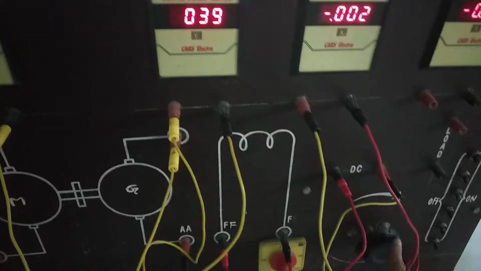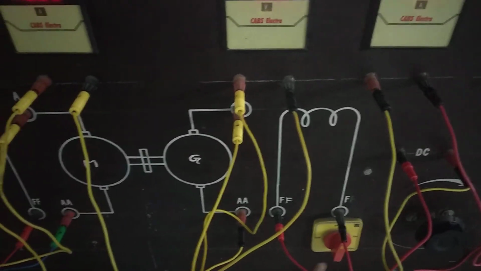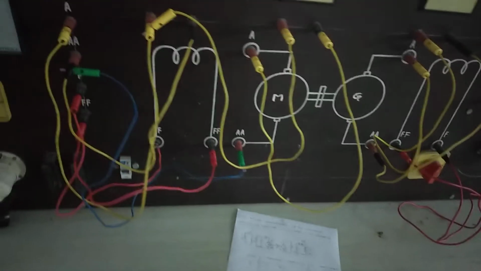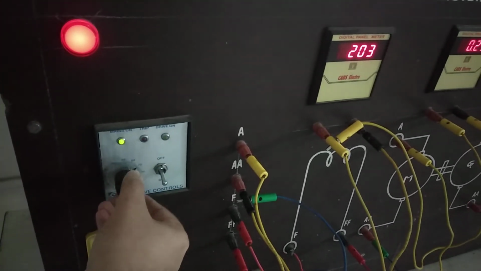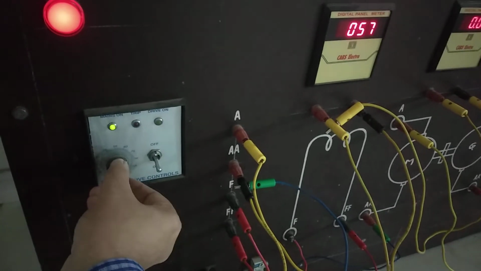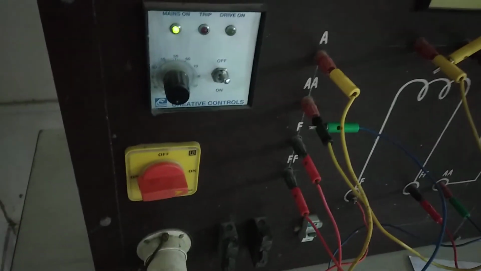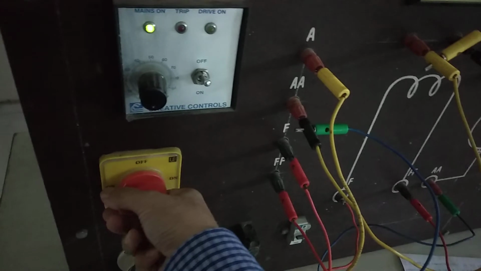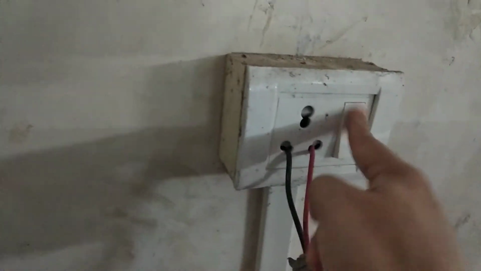At first you have to decrease the field resistance, and after that turn off the field, and now you have to reduce the speed of the motor. Then you have to turn off the drives, and now you have to turn off the switch of the motor, and at last you have to turn off the power supply.